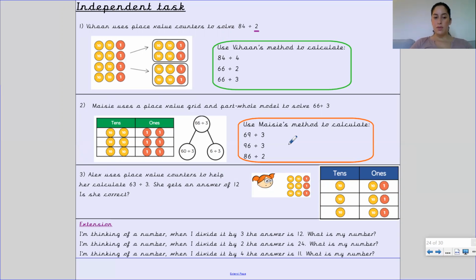Then you can move on to question number 3 and have a look at Alex's method. So choose either activity 1 or activity 2 or activity 3. Oh no, the activity 3 is a bit of a challenge, and then you've got an extension at the end if you want to challenge yourself even more. But choose either between Vihan's method or Maisie's method, okay?